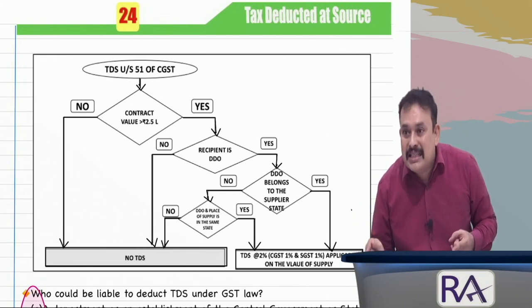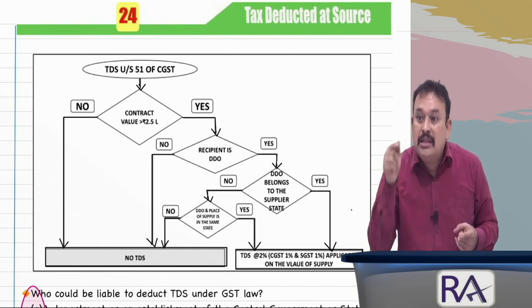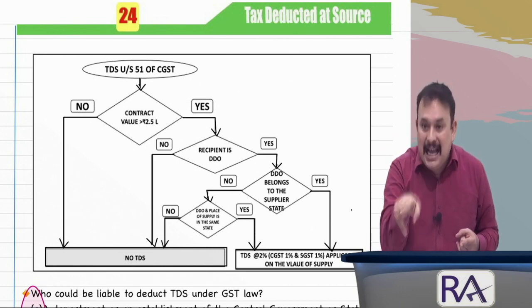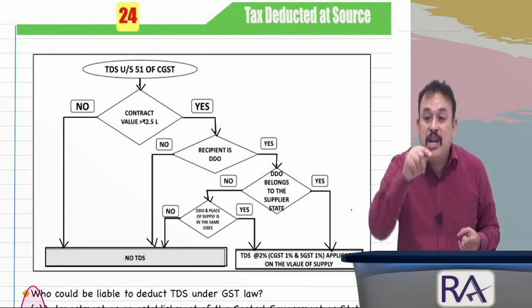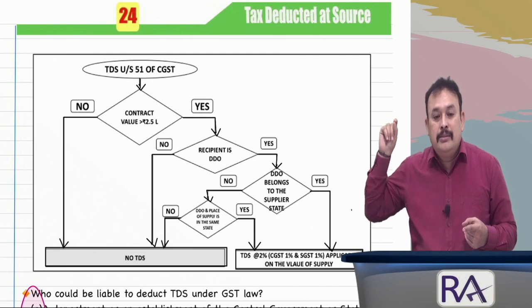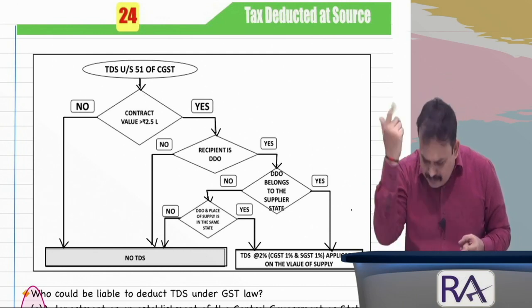No. Reason: per contract the value should be more than 2.5 lakhs. Only then will the DDO deduct TDS. This is the clarification of CBEC. Are you getting my point, sir?